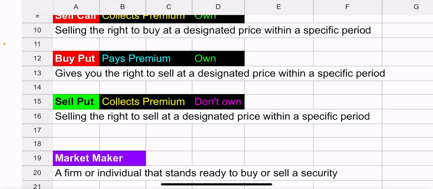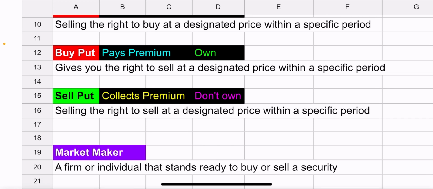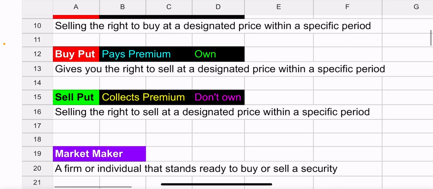I think it's either going to be 210 or stay above 210. And guess what? If that happens, the put that I sold expires worthless and I keep that premium. However, if I am wrong and Tesla tanks under 210, guess what? I have to buy all those shares at $210.